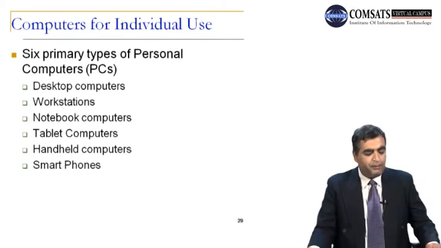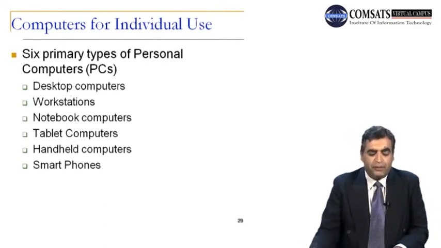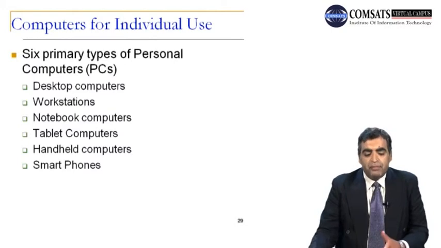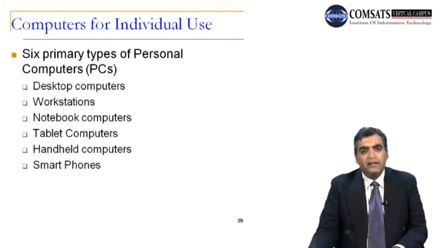There are 6 primary types of personal computers, or PCs. A PC is a term that refers to any computer system that is designed for use by a single person.